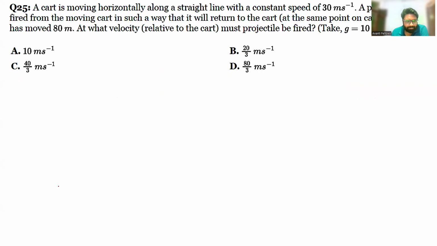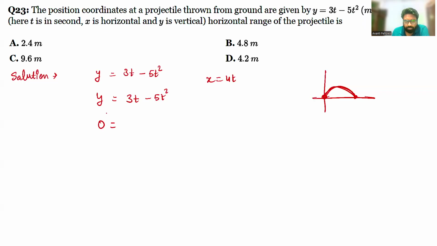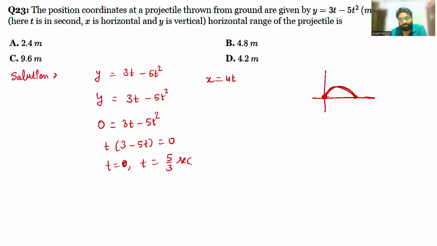To calculate time, we put y equal to 0: 3t minus 5t square. You can take t common, so it will become t into 3 minus 5t equals 0. Now t is equal to 0 and t is equal to 3 by 5. It is verifying our condition that at the starting of the motion the vertical height is 0 and at 3 by 5 second the vertical height is 0.